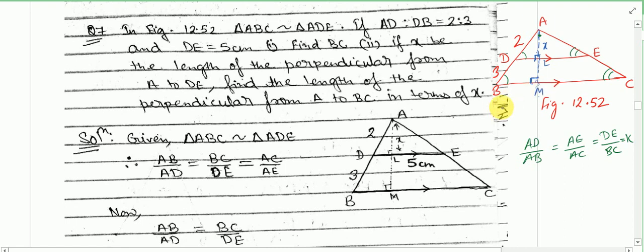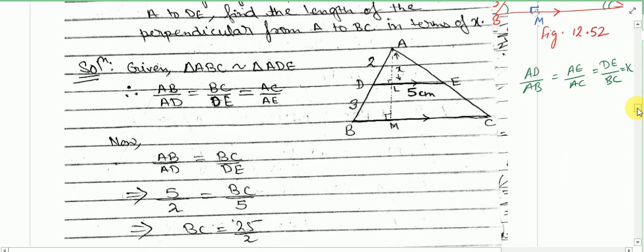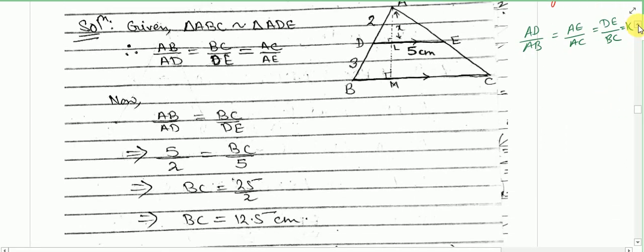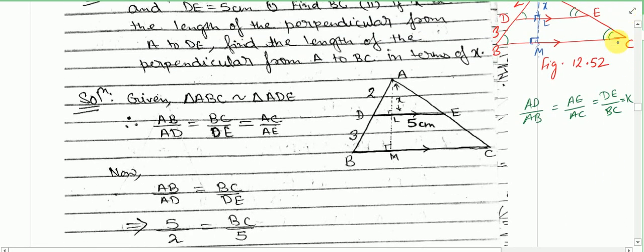See over here. Solution. So this is the figure, and the dotted one I have added later on. They have already said that the bigger triangle ABC is similar to this smaller triangle ADE. Once triangles are similar, their corresponding sides are proportional.